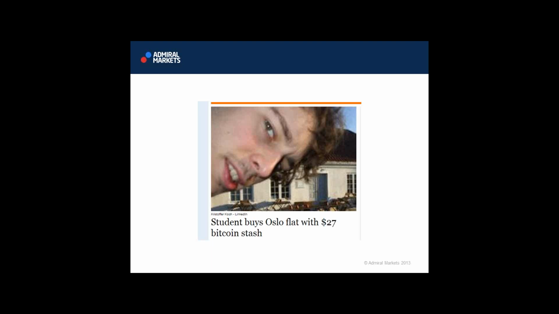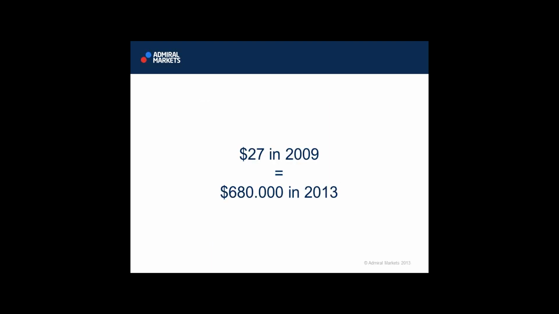Wow! He actually bought a flat with his $27 worth of a Bitcoin stash. So in 2009 it cost $27. Now it costs $680,000.